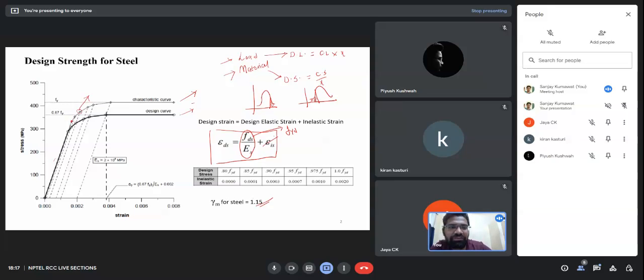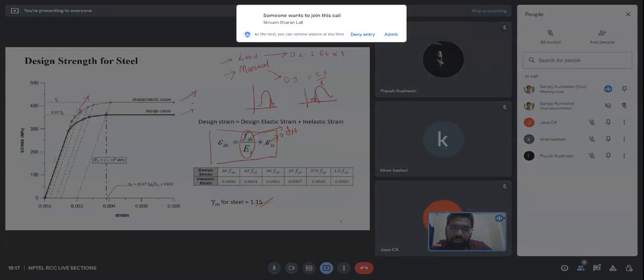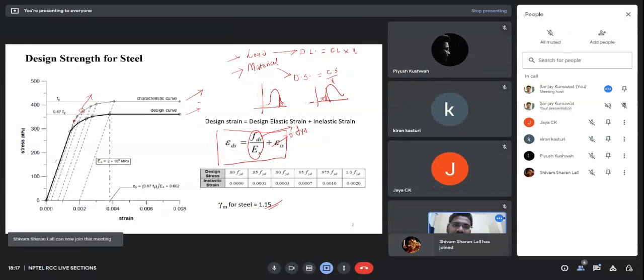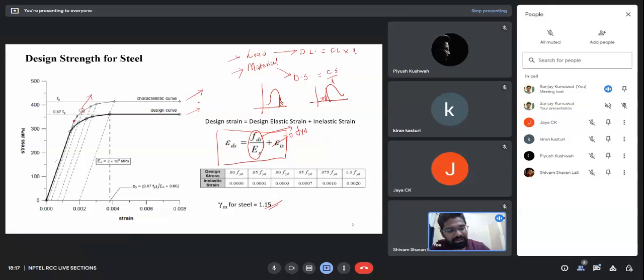This holds for any strain falling less than the strain belonging to this stress value. I know this is a bit confusing, and if you have any doubt you can ask me, but I can assure you that with the problem coming up in the further slide, things will get clearer.